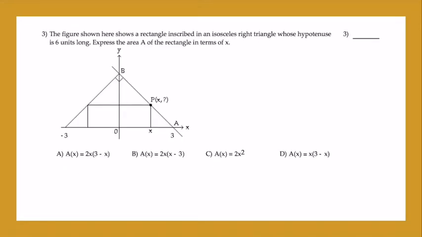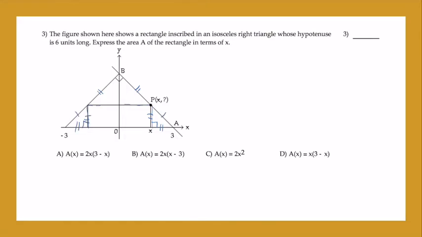Next, problem 3. This is the one where I got kind of stumped in class in the last few minutes, and it's because I forgot something about isosceles triangles. So isosceles triangles, both sides are the same, right? And if I inscribe a box in there, this length is going to be the same as this length, and this will still be an isosceles triangle.